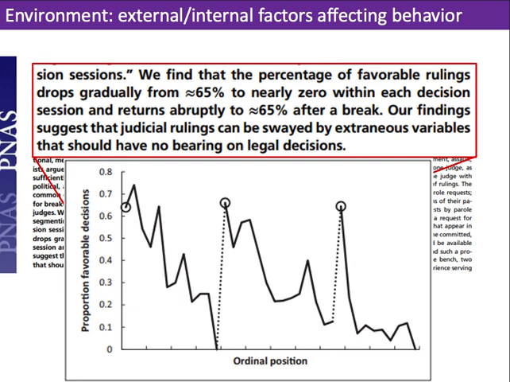This plot is from the paper, and on the y-axis it shows the percentage of favorable decisions. Basically, as judges get tired or hungry or annoyed or whatever it might be, the percentage of favorable decisions decreases. They take a break, and then the percentage of favorable decisions increases.